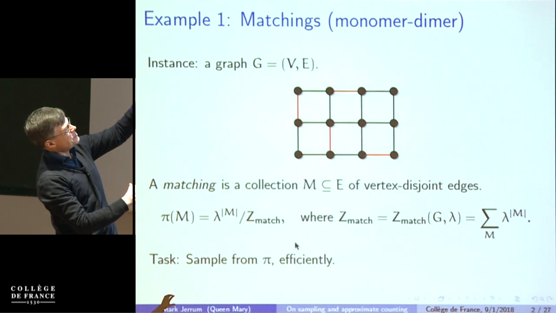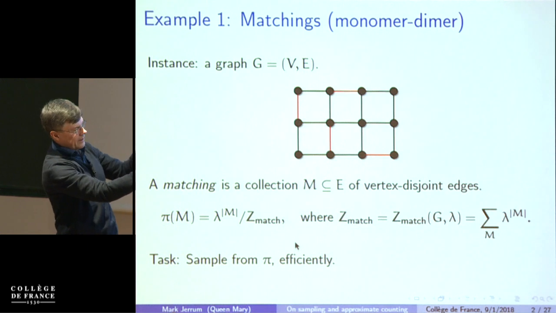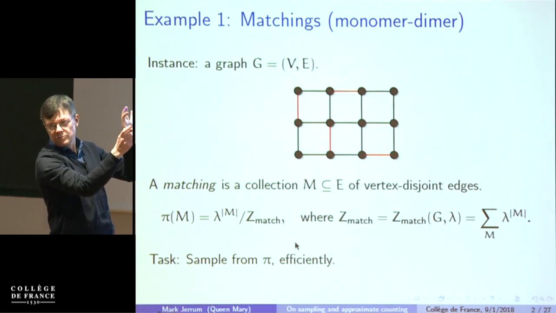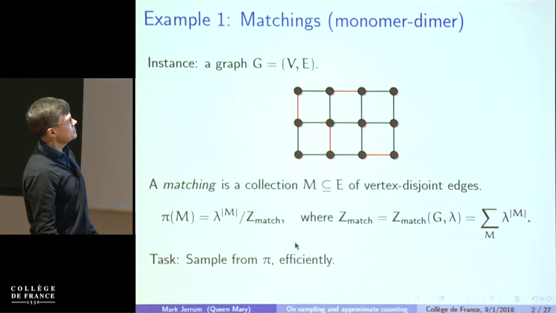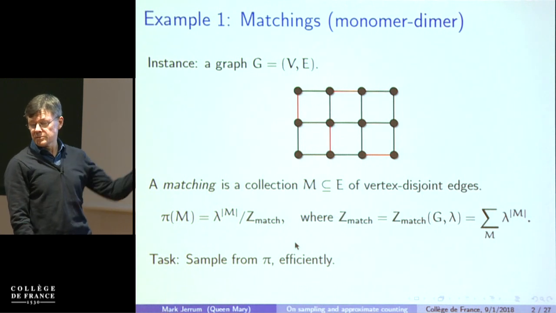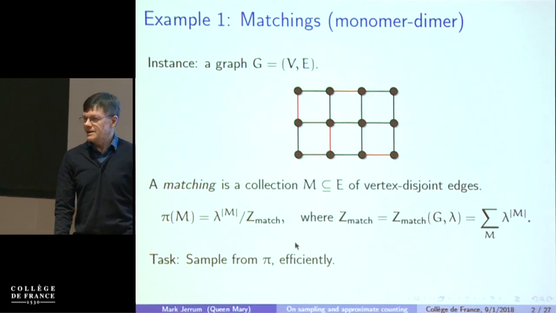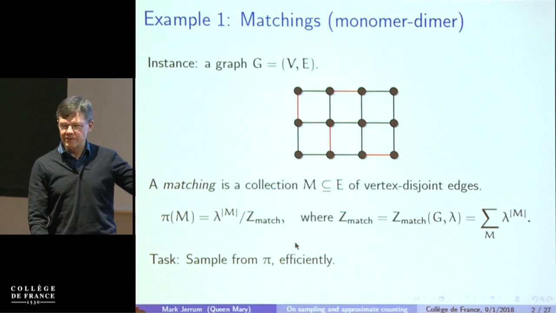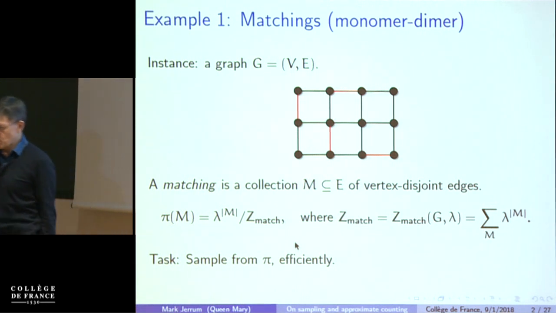So this red thing is supposed to be a configuration of so-called diatomic molecules sitting on the surface of a two-dimensional lattice. They want to be able to see what a typical one looks like as lambda varies, because the key thing in physics is: is there a phase transition? Does something suddenly happen as you vary lambda? Okay, so that's one problem.